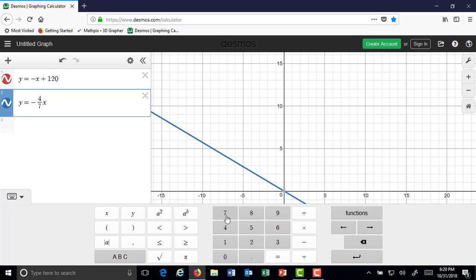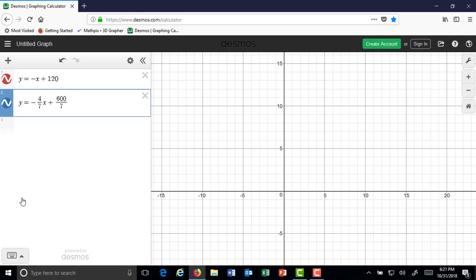Right? And then we had what? Plus 600 divided by 7? Okay. All right. Let's take a look. Well, we know that the y-intercepts are around 120, 85, and our scale is not high enough.